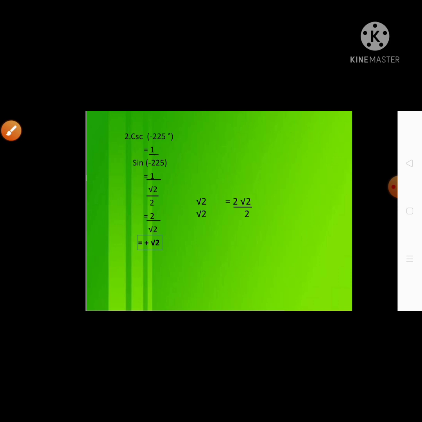Second, cosecant of negative 225 degrees is equal to 1 over sin of negative 225, which is equal to 1 over square root 2 over 2, which is equal to 2 over square root 2.